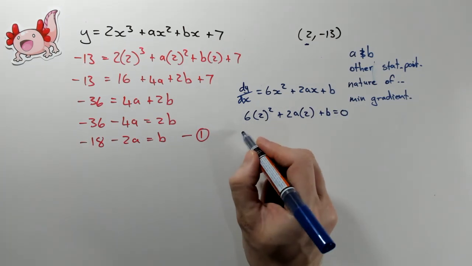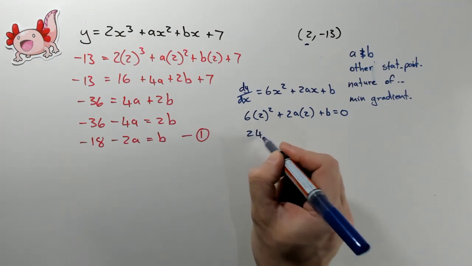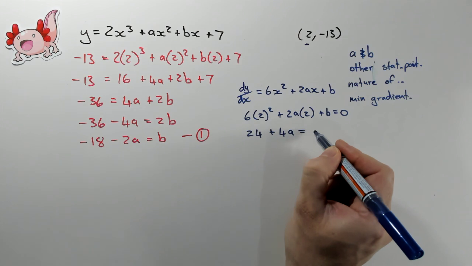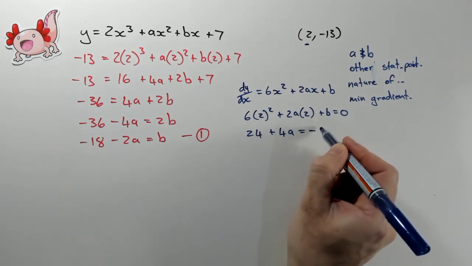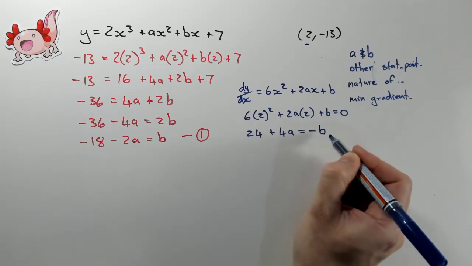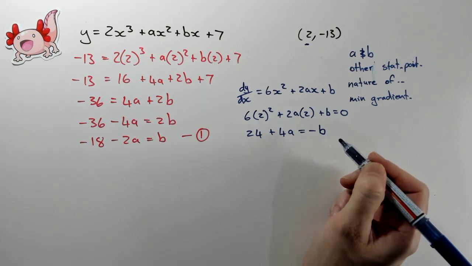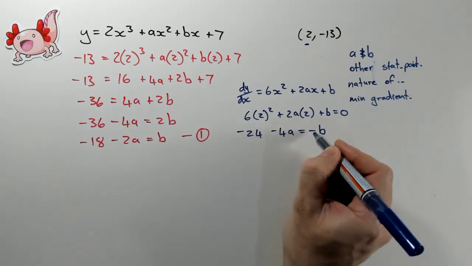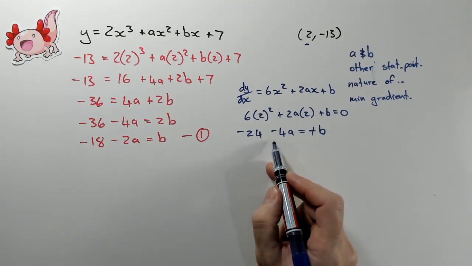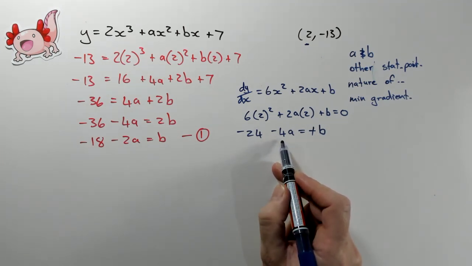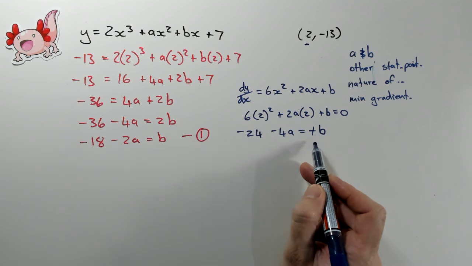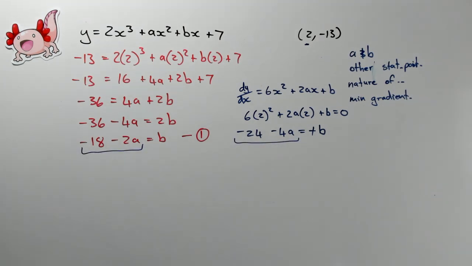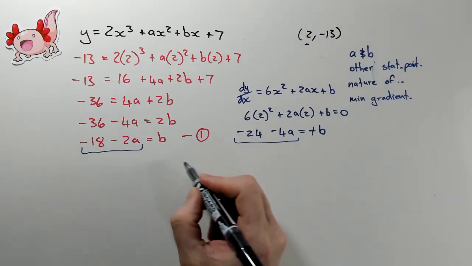2 times 2 is 4, times 6 is 24, plus 4a, I'm going to take that over and have a negative b. Do I really want that? Let's just divide by negative on both sides, and we'll make these, there we go, -24, -4a is equal to b. So now, oh, look at all these negatives. Yeah, let's quickly solve that.